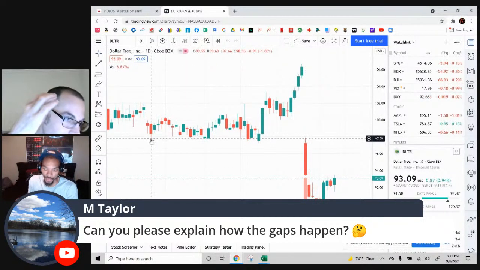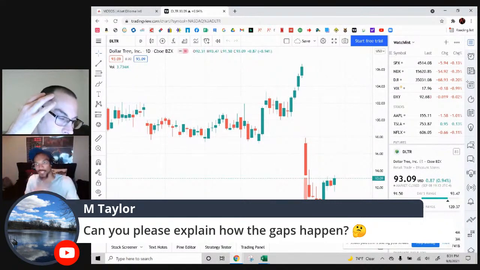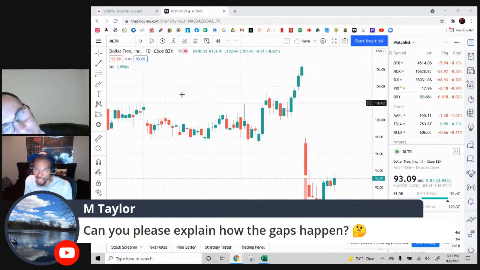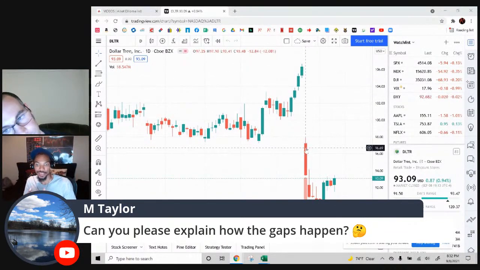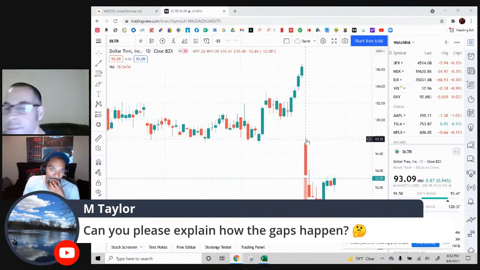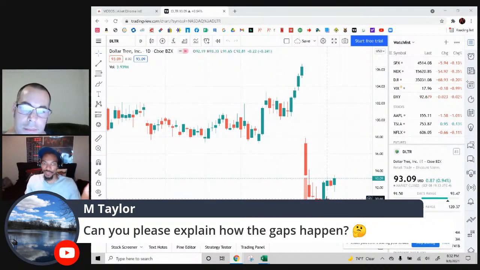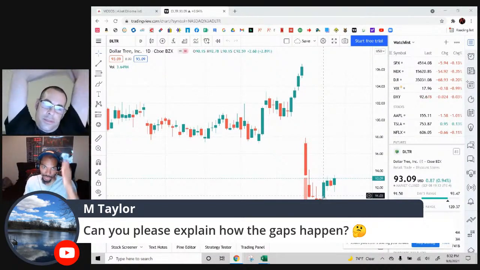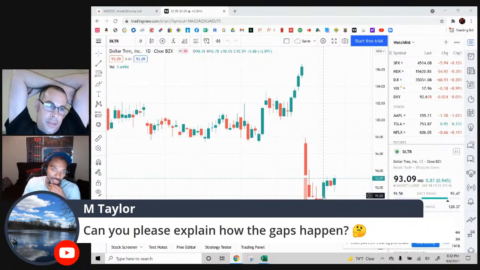I know in the after hours is when prices can really swing. If something happened after the market closed, it's probably some type of news that came out, and you've seen that big price movement. Once you see that gap, you might have to reassess, because something new happened to make the price swing that big.